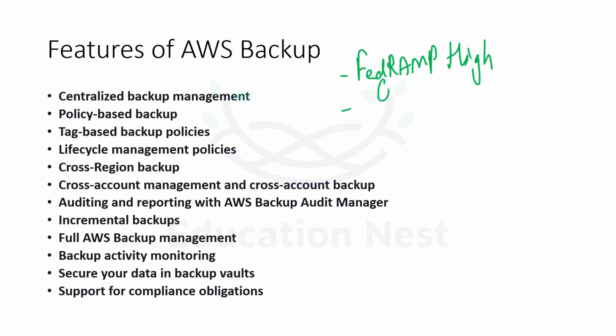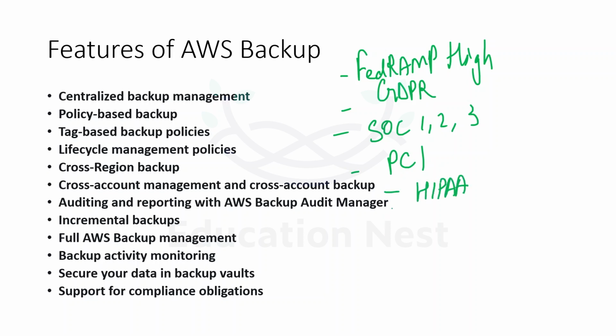It is meeting GDPR, SOC 1, 2, 3, PCI, where you have credit card information or any kind of personal details, then you have to be PCI compliant. Then you have HIPAA and others as well. Apart from this, many more compliance programs are also there. So these are all the features of AWS Backup.